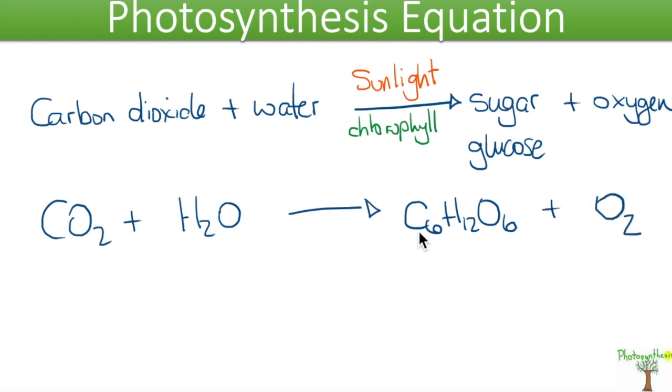Now, I know you're looking at this glucose and just crying, thinking, I will never be able to remember that. Trust me, the more we talk about it, the more you'll just keep saying it. C6H12O6. Now, don't forget, we also have sunlight.